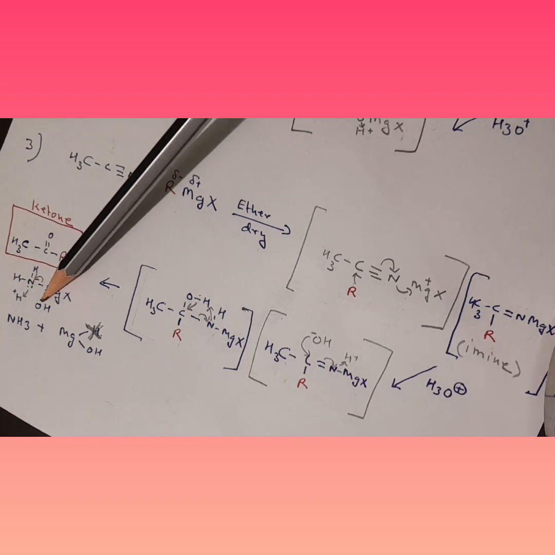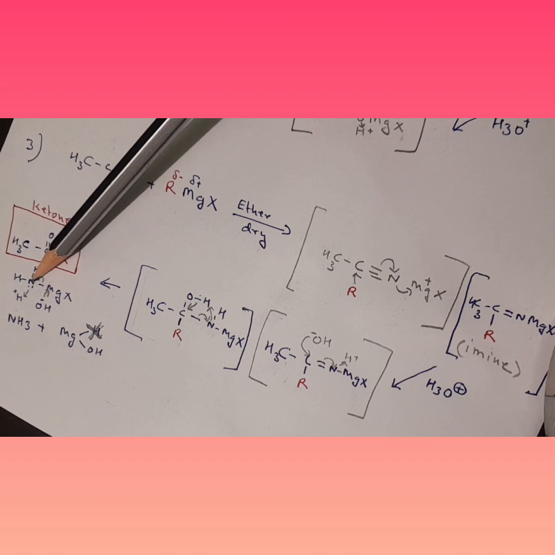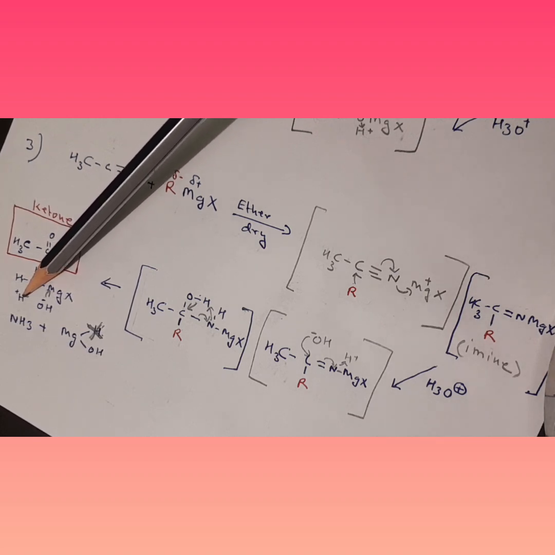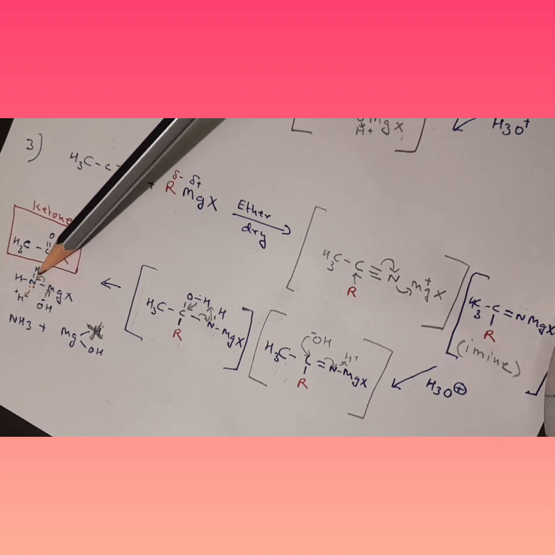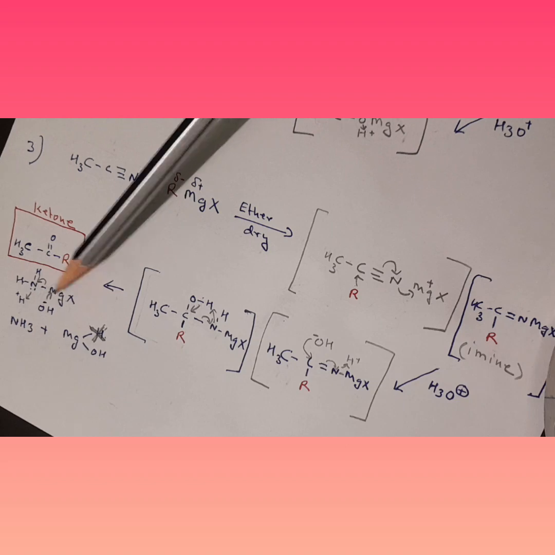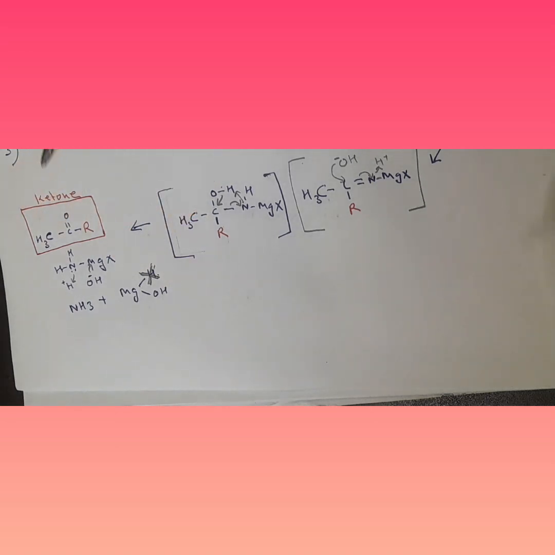So basically OH minus attacks this Mg, this bond goes to nitrogen, the nitrogen becomes negative, that negative nitrogen attacks H plus, so this forms ammonia, and this forms MgXOH. Okay, alright, so that's how the reaction occurs.